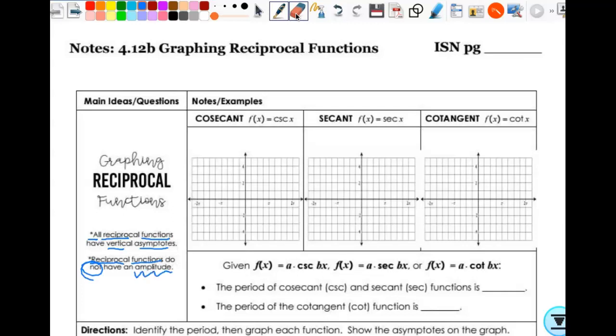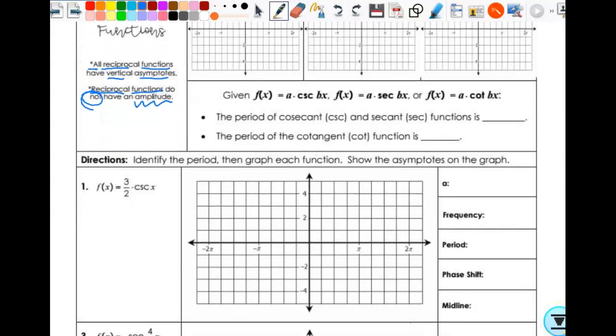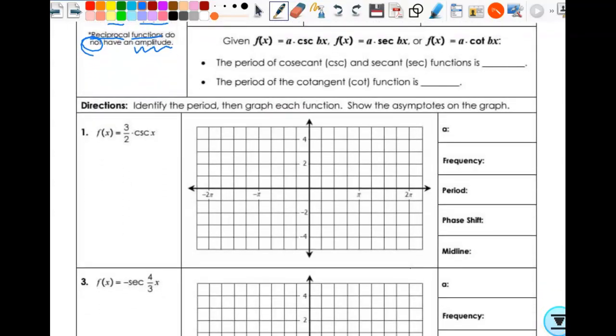We're still going to have a vertical stretch or compression, but it's not called amplitude. And as a friendly reminder once again, the period of cosecant and secant for the parent functions is what? 2 pi. And the period for cotangent is pi. Okay. Don't forget that, because that'll mess up your entire graph.